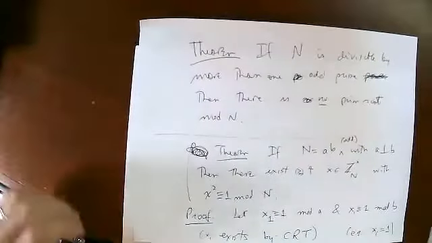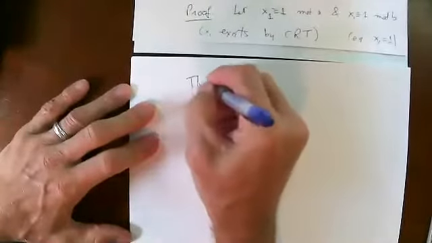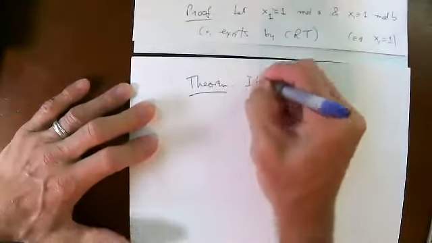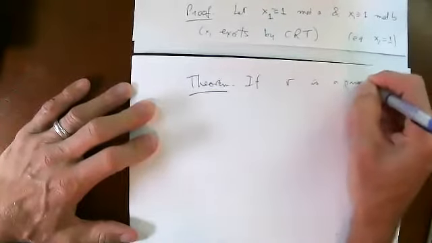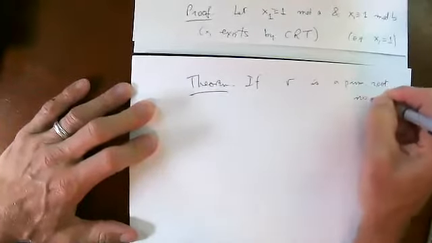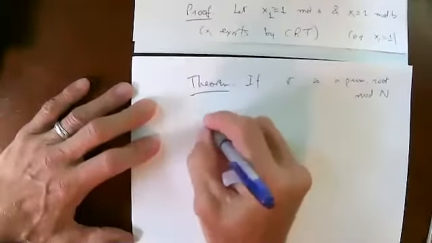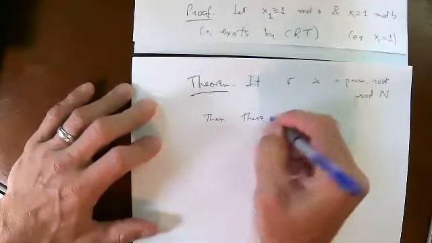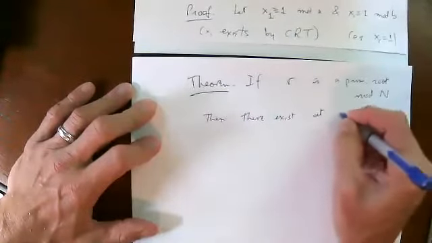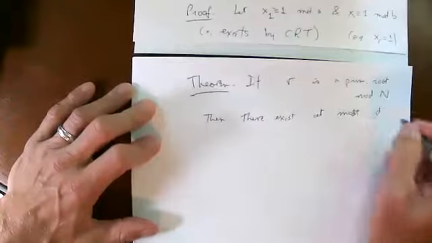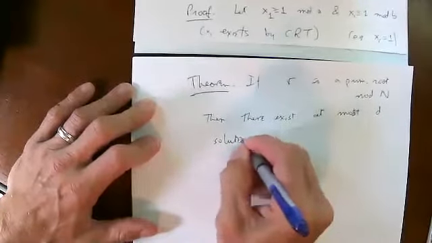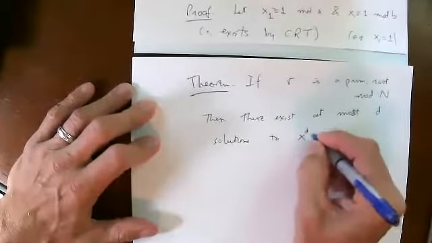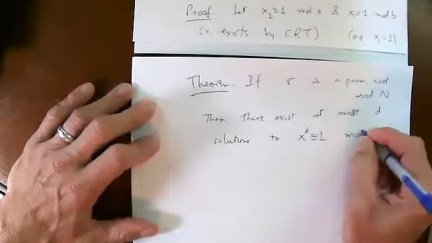Okay, so what does this theorem have to do with the claim that I made at the beginning of the hour? For that, I'm going to show you that if R is a primitive root modulo a composite number n, then in fact there exist at most d solutions to an equation of the form x to the d is congruent to 1 modulo n.